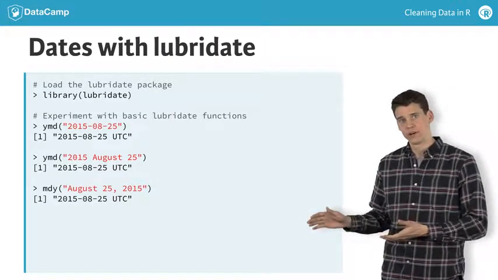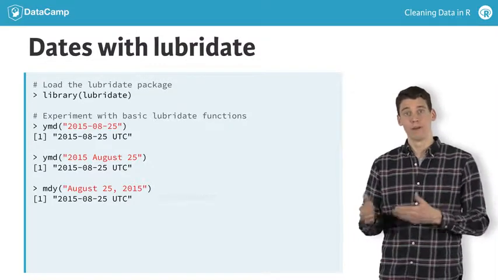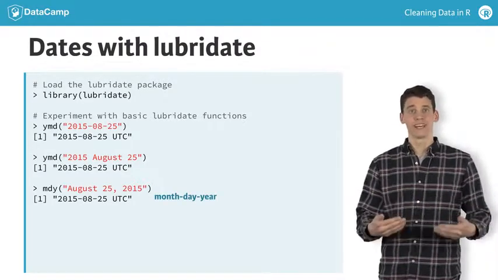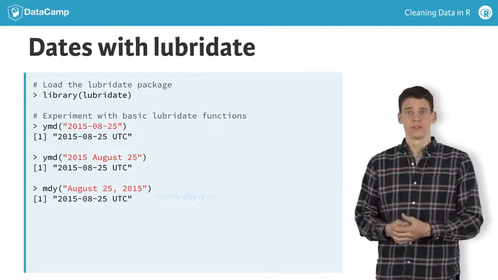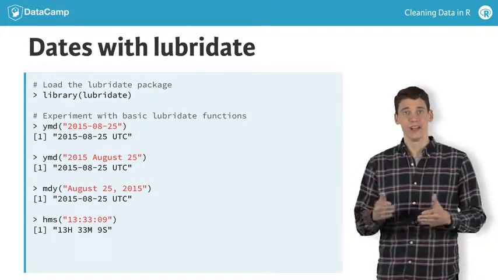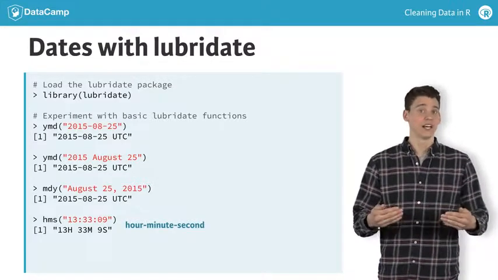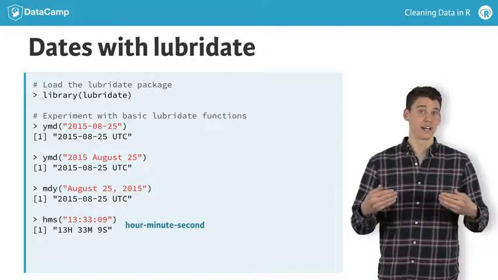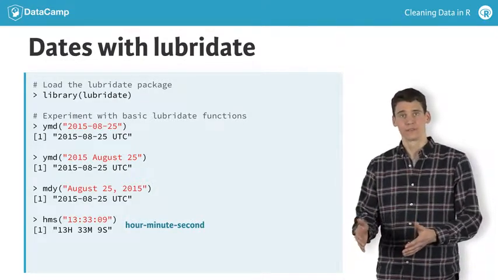The third example here shows a different function, mdy for month, day, year, but again gives us the standardized year, month, day output. Next, the hms function for hour, minute, second reads in a time and produces a standardized time output in hour, minute, second format.